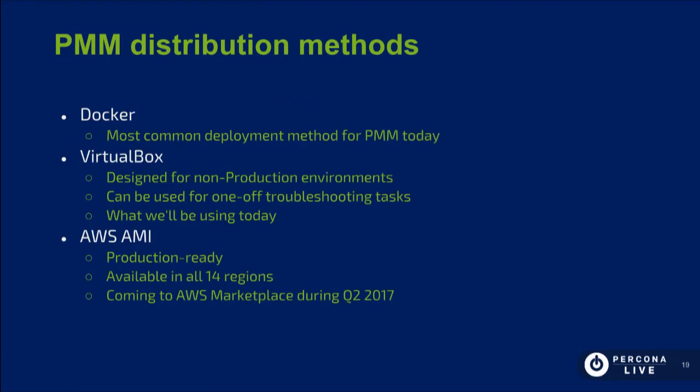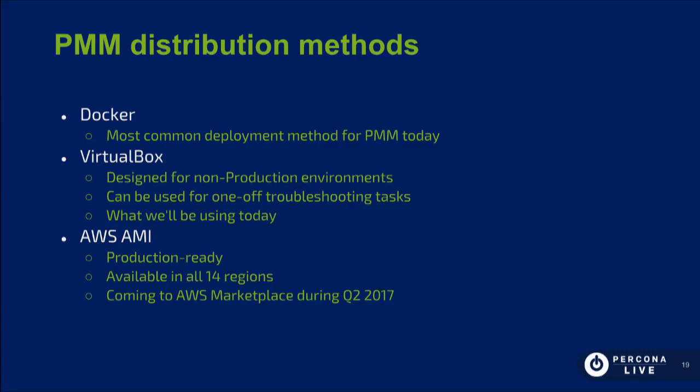And distribution of PMM. We distribute PMM in Docker, which is now the most popular way. VirtualBox is not production ready, because it's not the best way to distribute software for production, but it's good for development and presentations.